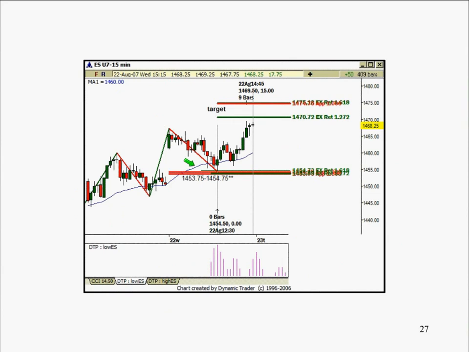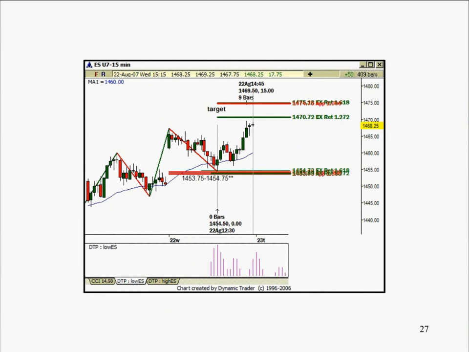So that's where you're seeing a visual of the clustering of time cycles that came together from these prior swings that just happened to overlap its key price support. Okay, so here the low was made within this first zone at 1454.5.